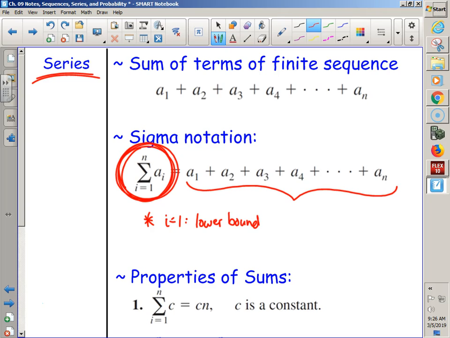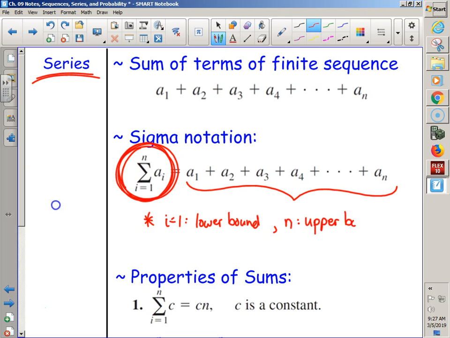And then we count by whole numbers, because 1 through n are indicators of the nth terms, indicators of what place we are in the series if you're starting at 1. i equals 1 is the lower bound, n is the upper bound.